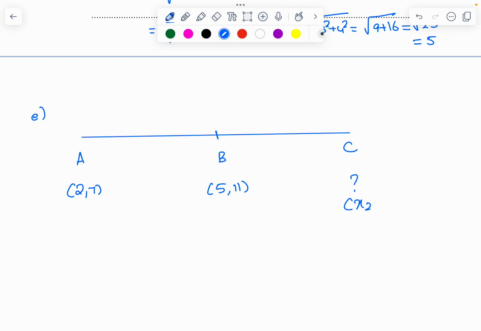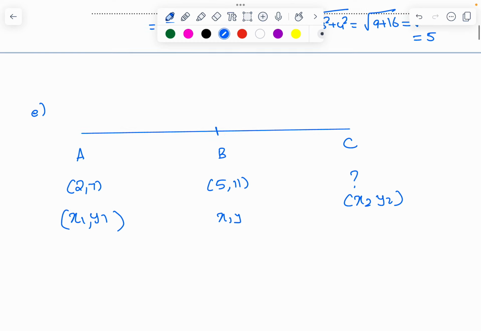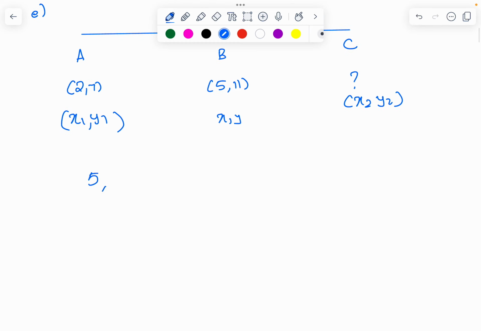So this may be x2, y2, and this is x1, y1, and the midpoint is x, y. So (5, 11) equals x1 plus x2 by 2, y1 plus y2 by 2, where y1 is 7.